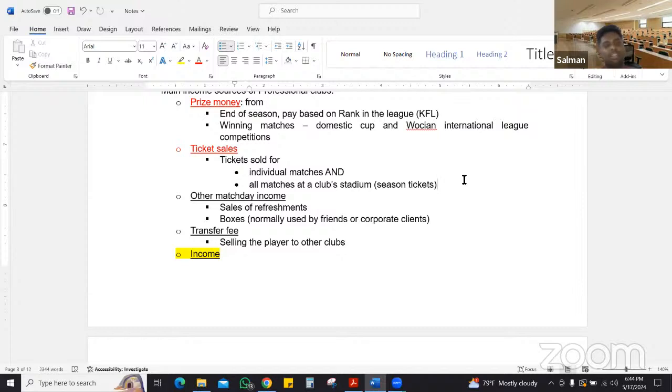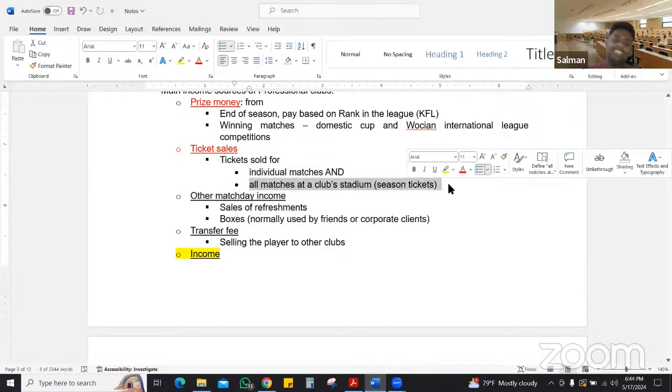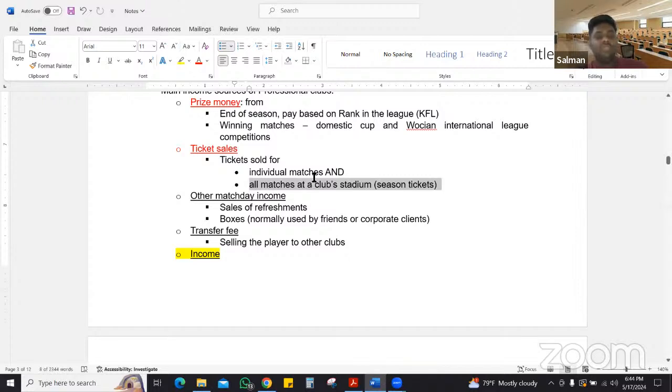Similarly here, the buyers can buy a ticket for a single match, or else they can buy a ticket where you can see all the matches at a specific ground, a stadium. We call it season tickets. Same term, season. So this is how the club earns money from tickets, as they sell two types of tickets, individual tickets and season tickets.